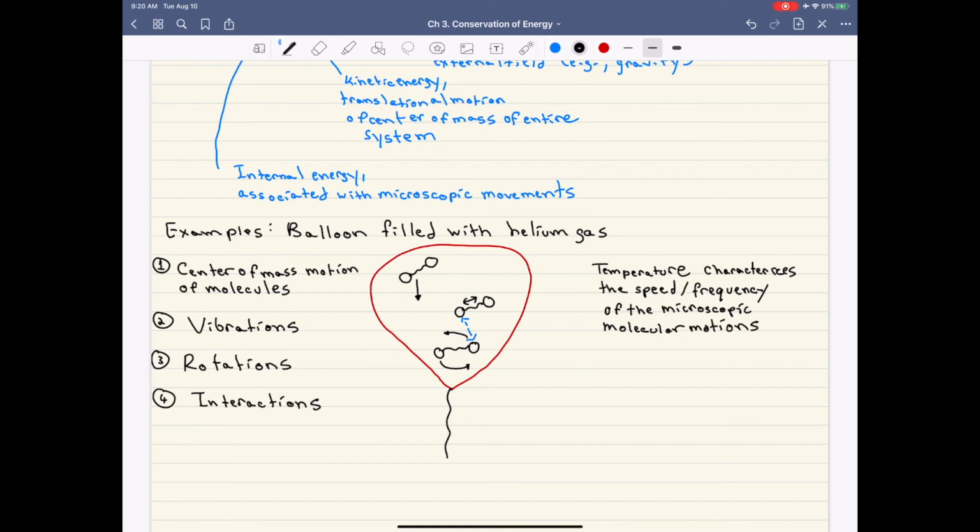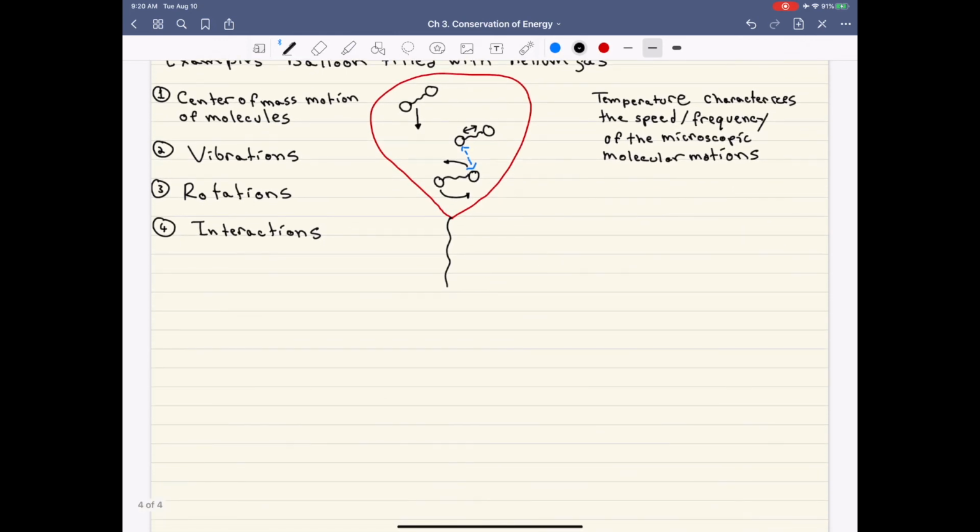Alright? And so we'll talk in more detail about how the internal energy is directly related to temperature. But for now, I just want to talk in general terms and say that internal energy is a function of temperature, and that molecules will move or vibrate more quickly or faster as the temperature increases.